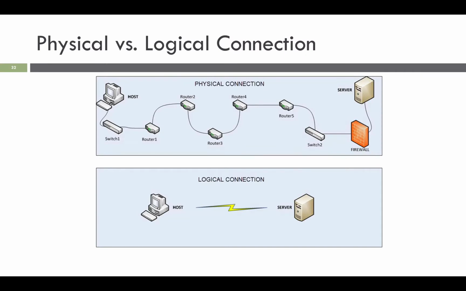When someone speaks of a network connection, there are two types. There is a physical connection and a logical connection. A physical topology is how the networks connect using wired or wireless connections. A logical connection is how devices appear connected to the user.